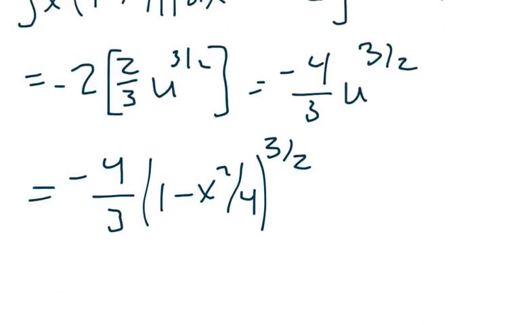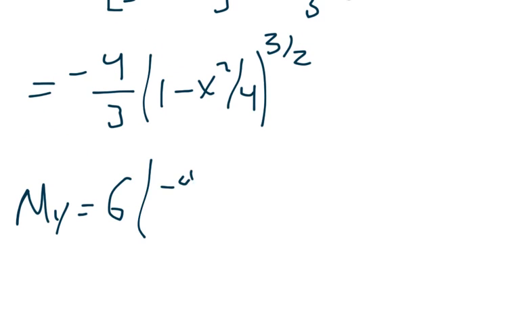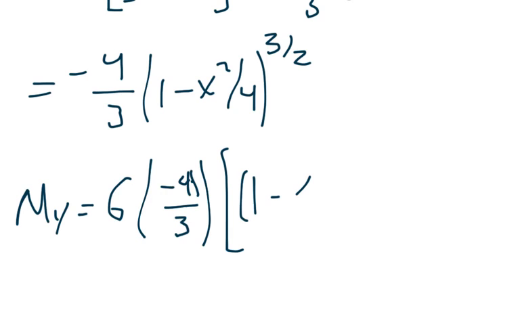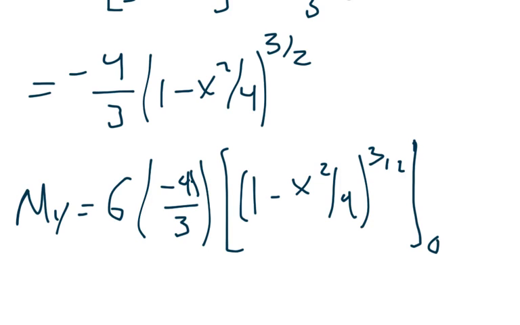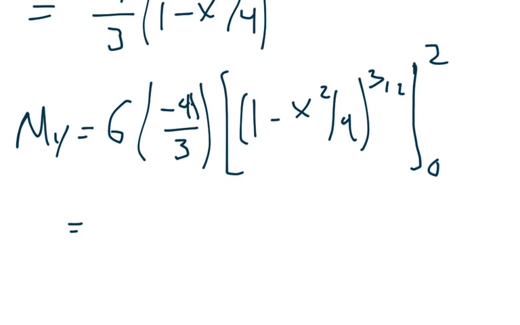So we had my is equal to 6 becomes minus 4 over 3, that's (1 minus x squared over 4) to the 3 halves from 0 to 2, which is just going to be, well, 6 over 3 is 2, so minus 8.